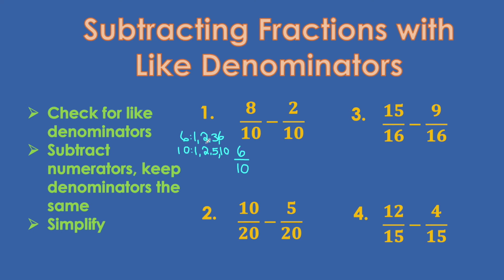Once we've found the greatest common factor, we can divide the numerator and the denominator by 2. So divide the top by 2, and the bottom, the denominator, by 2. And we get 3/5.